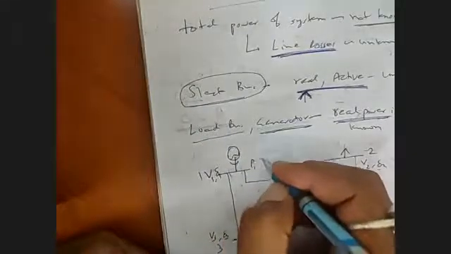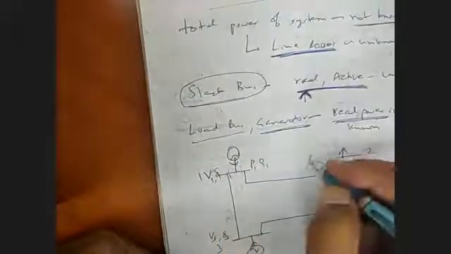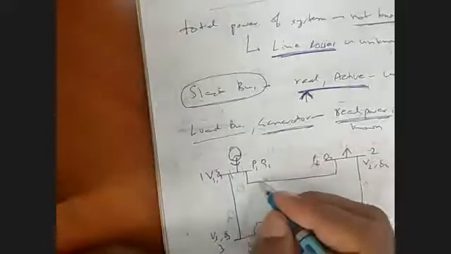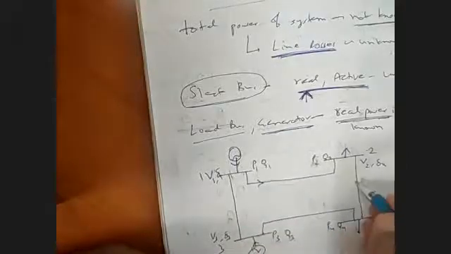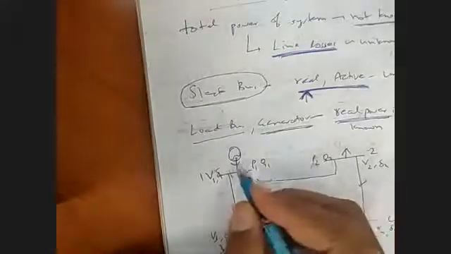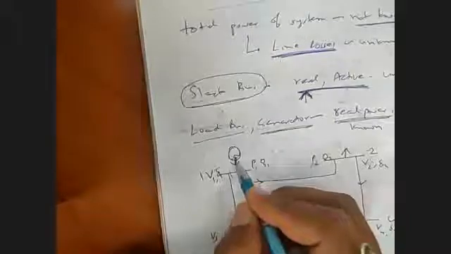Similarly, P1 Q1, P2 Q2, P3 Q3, and P4 Q4. And then we have currents which will be flowing in all the buses depending on the system conditions. So the power which will be injected by these generating stations.